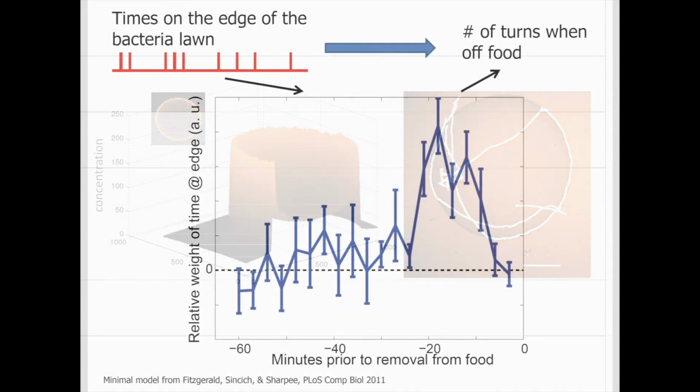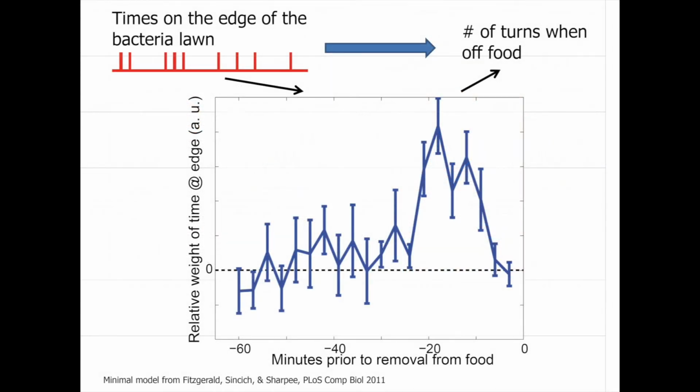So let me show you the steps of the analysis. As inputs, we will take times on the edges of the bacteria, times when the animal was on the edge of the bacterial lawn. And the output will be the number of turns when the animal is removed off food. So this is prior time, and then its prediction into the future.